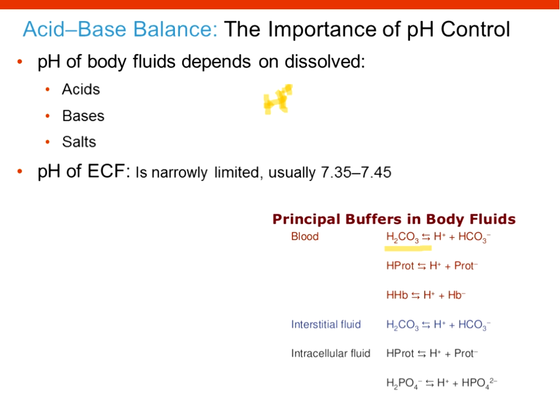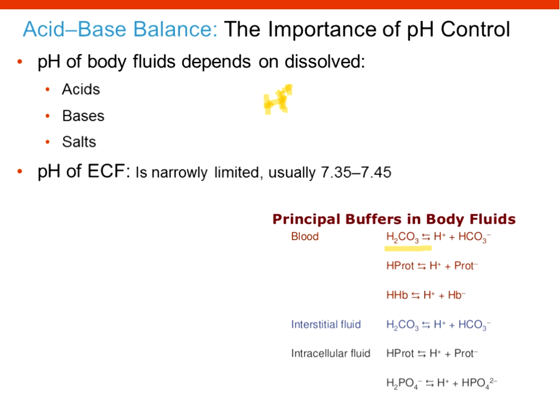Right? So some of the buffers in our blood are actually bicarbonate, because bicarbonate can combine with the hydrogen ion to form carbonic acid, and that's a weak acid, and so in this molecule, some of it is in a bound form.